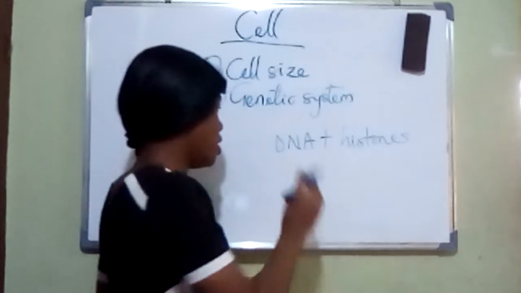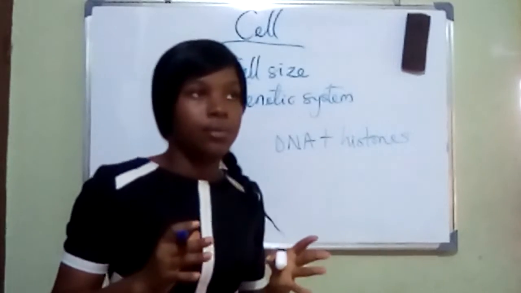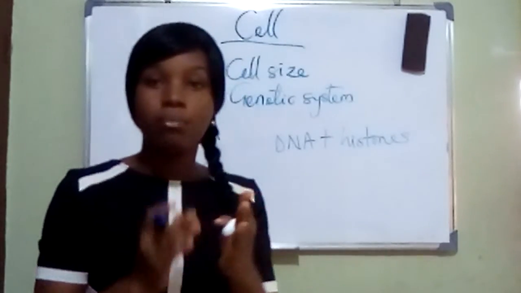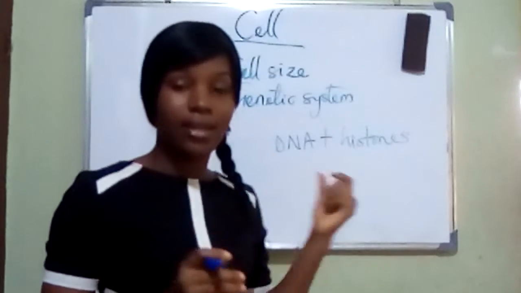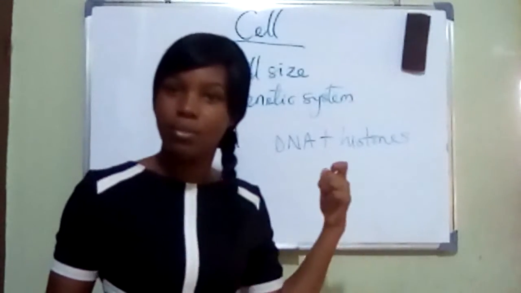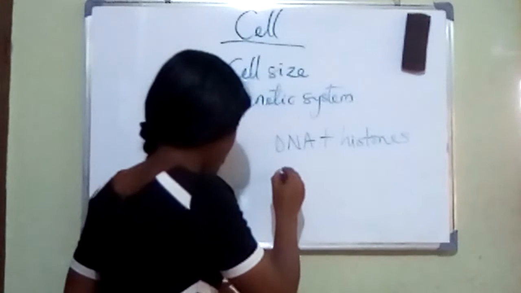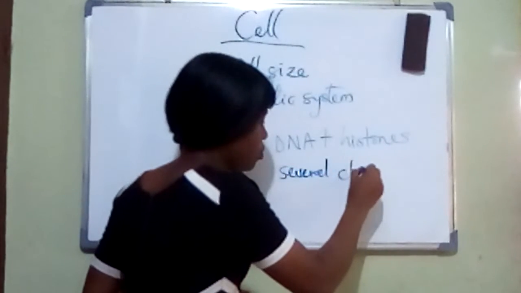Then, as it combines with these histones, it condenses to form many chromosomes. And here, the chromosomes are linear, as opposed to circular chromosomes in prokaryotes. So we have several chromosomes.